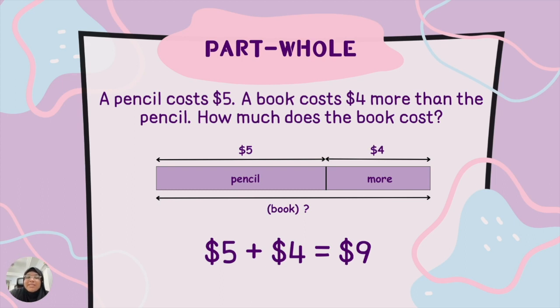We have the pencil as one part, and the extra amount as the other part. The question is asking for the price of the book, so the whole model is what the book is all about. Instead of a total, like sold and left earlier, or one whole box filled with candles, this one talks about 2 different objects, but you are also able to use the part-whole model.